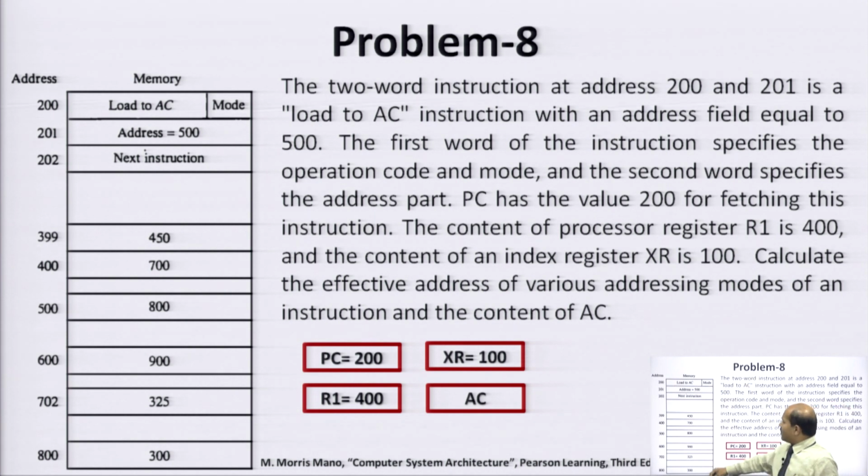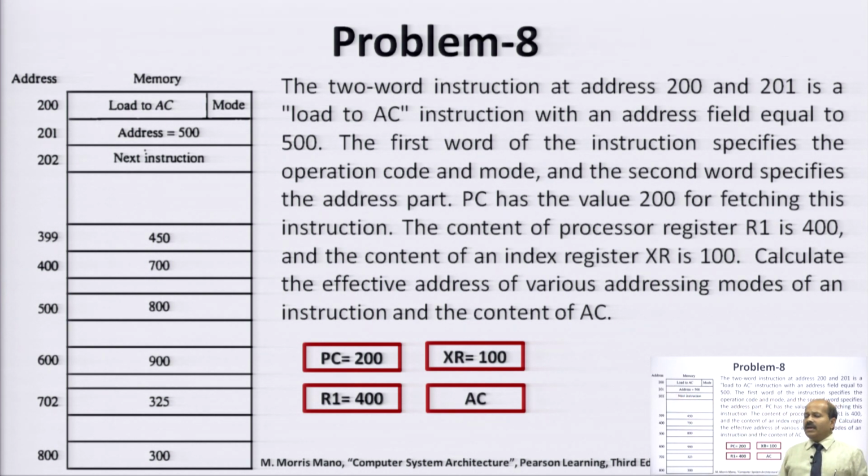And these are the various locations where some data is stored in the memory. First we need to fetch the instruction in various addressing modes. Initially the values are given, the address part is 500, and the address location is 201.